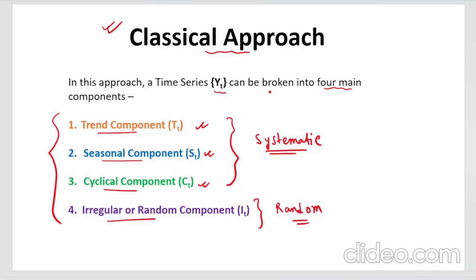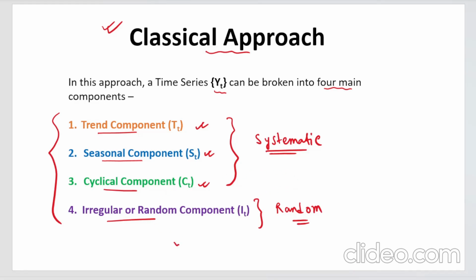So any time series has two main parts: the systematic part and the random part. The systematic part has three main components, the trend component, the seasonal component and the cyclical component. We will go into each of these components in this video and see how we can estimate and analyze them.